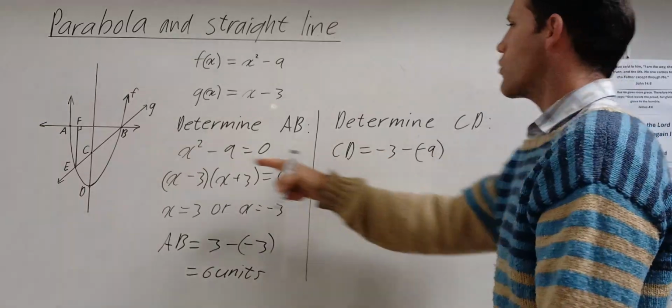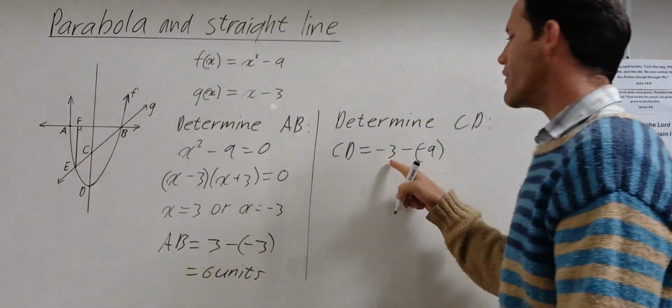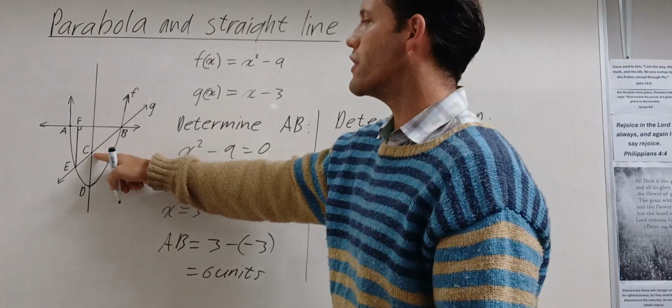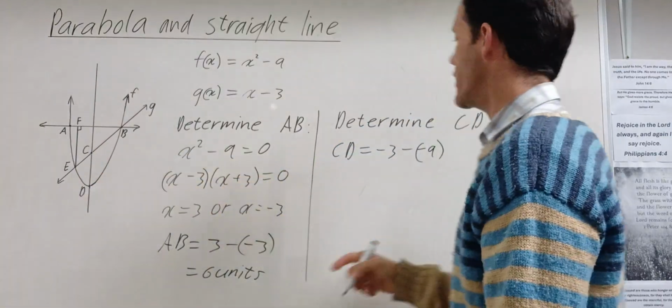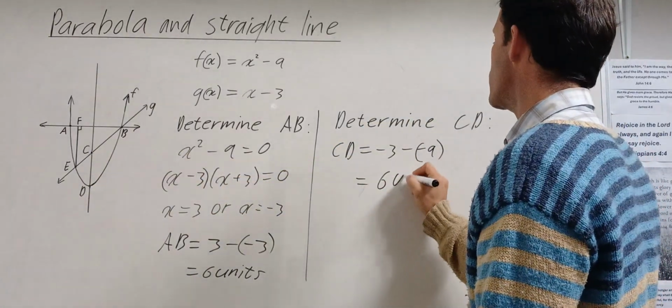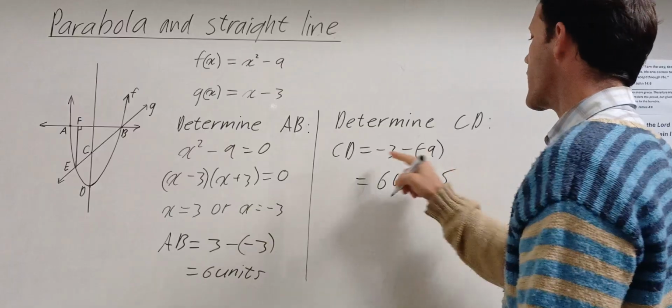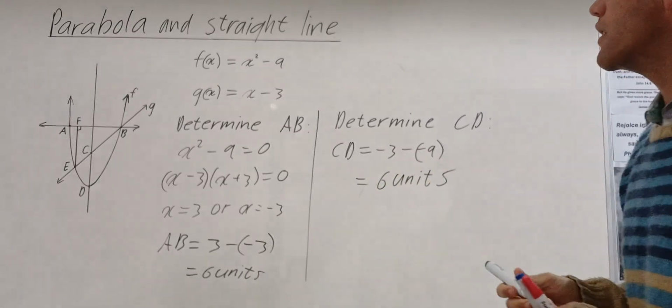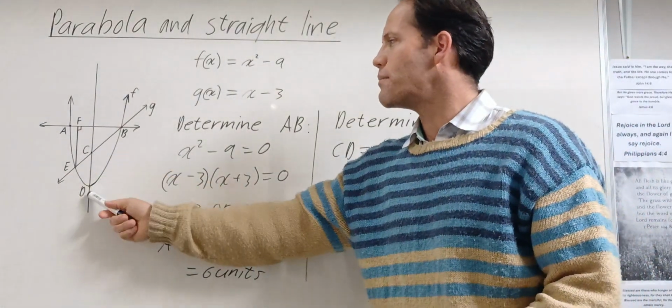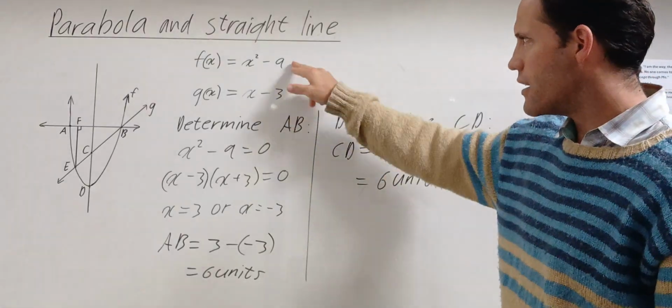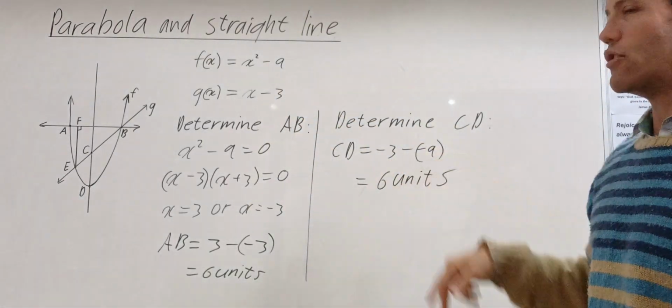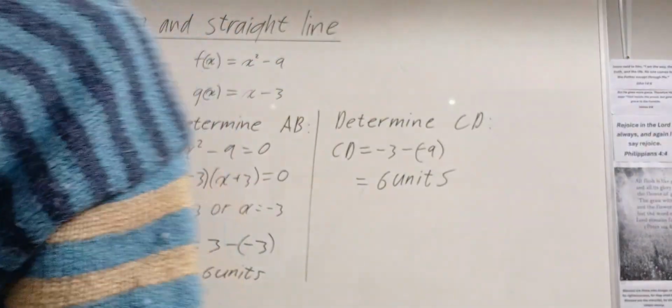You just subtract the y values. Always the bigger y value first, the higher y value first, minus the lower y value. And then that will give you 6 units. Okay, because it's negative 3 plus 9, which is 6 units. So you need the y-intercepts, which you can see there, and then you just subtract them, and then you get the vertical distance.